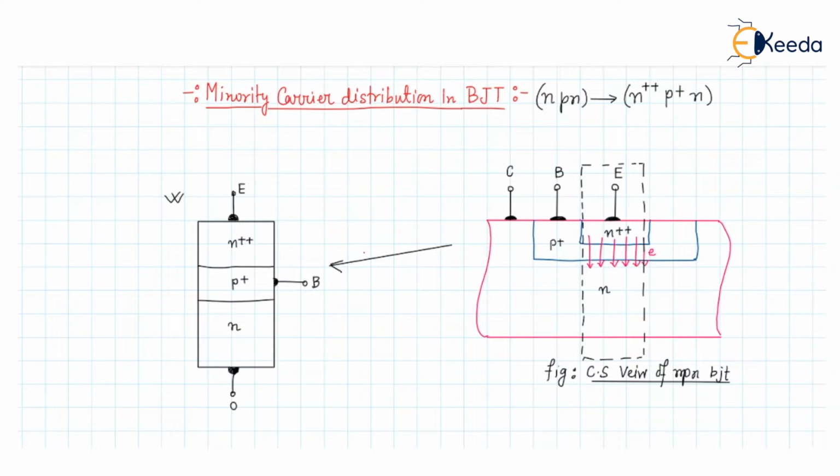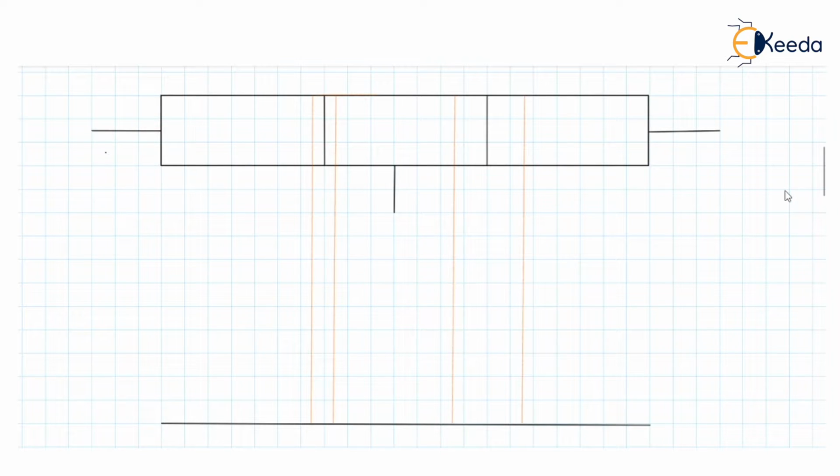This simplified structure, if drawn in a horizontal view, will look like this. This part will be the N plus plus region, hence this terminal will be the emitter. The middle portion is the P plus region, and this portion is the N region.